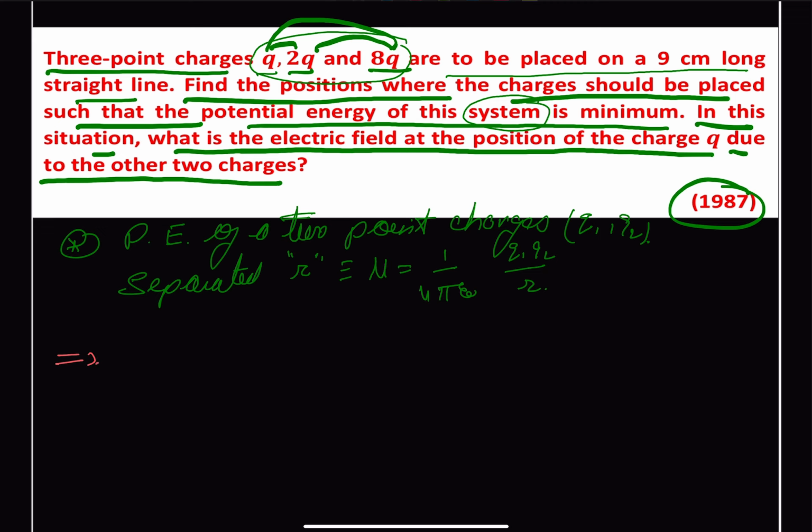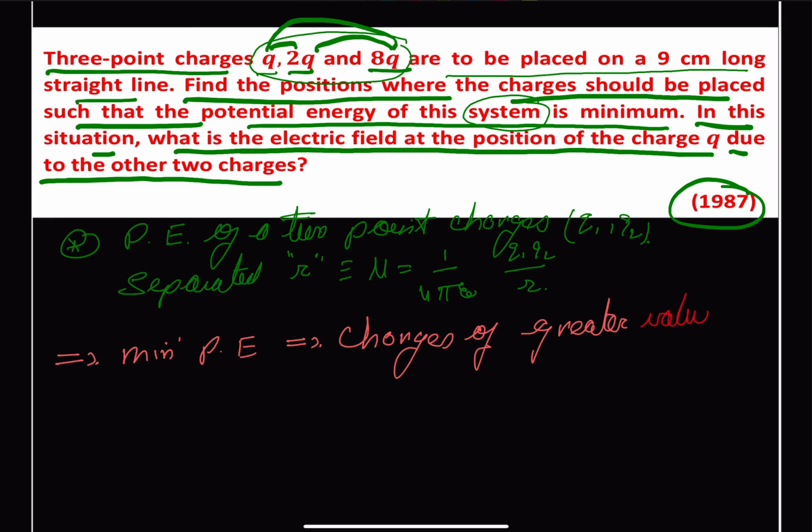So you can say minimum potential energy, charges of greater value should be farthest apart.